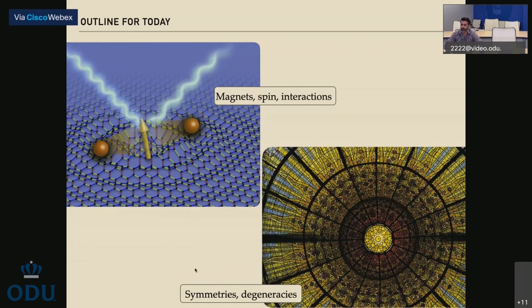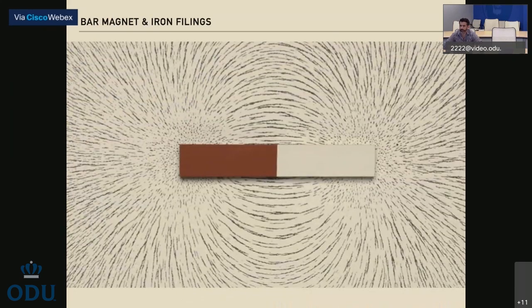And also we're going to introduce concepts of symmetry and degeneracies. Okay? And so first, we're going to dive a little bit into the quantum mechanical world of magnets. But first, why don't we start by refreshing our memory of how magnets work classically.